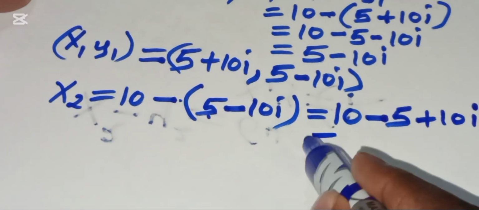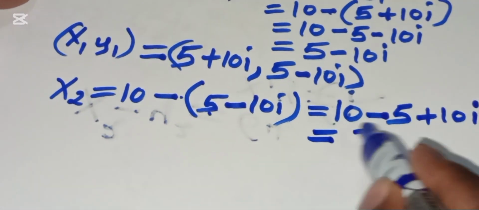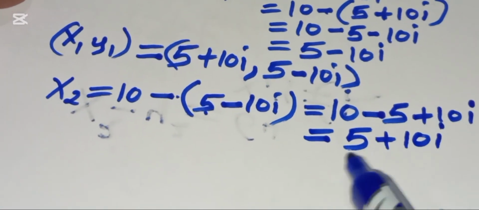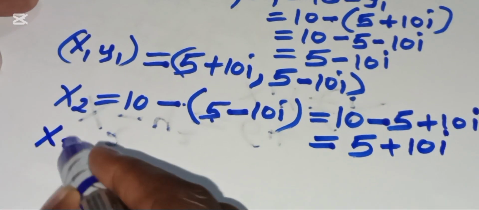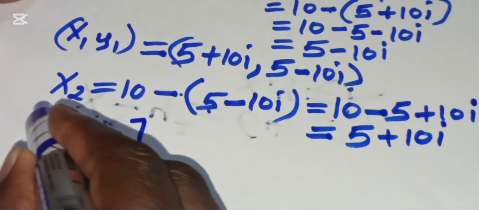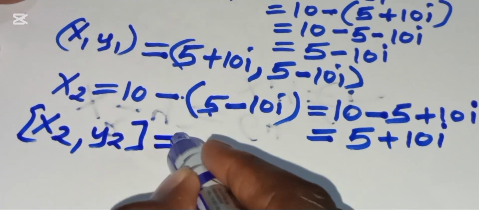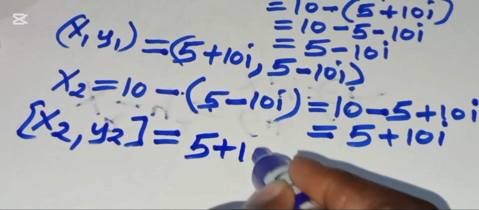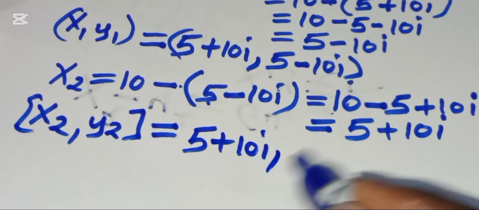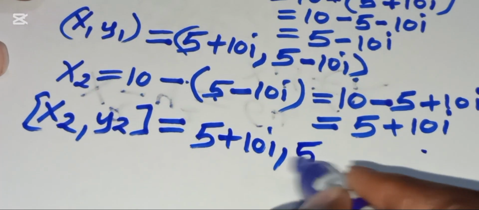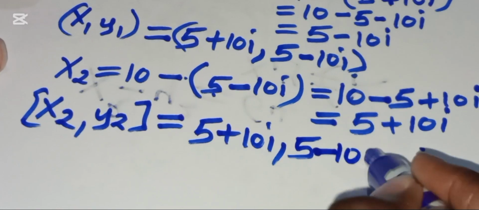So this is equal to 10 minus 5, which is 5 plus 10i. This is the value of x2. So x2, y2 is given as 5 plus 10i, comma, 5 minus 10i.